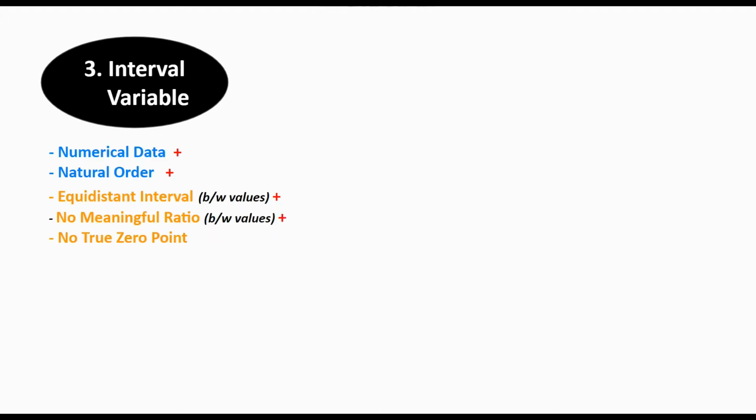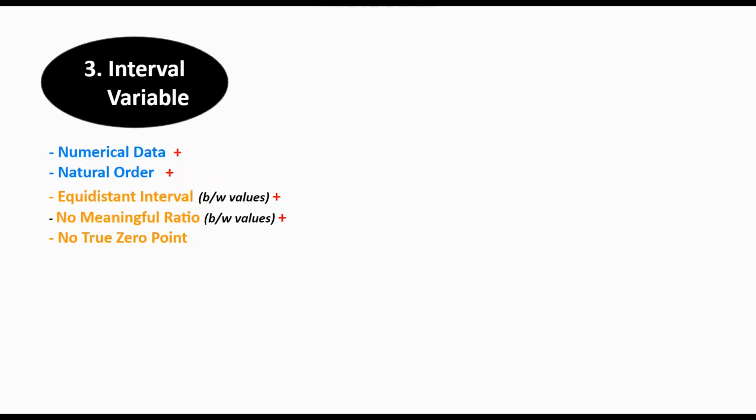So the third is interval variable. Unlike the previous two, here we have numerical data and the same natural ranking among numerical categories. The important feature here is it shows equidistant intervals between values and it gives no meaningful ratios. And about the last point, the true zero point, I'm going to explain it later.